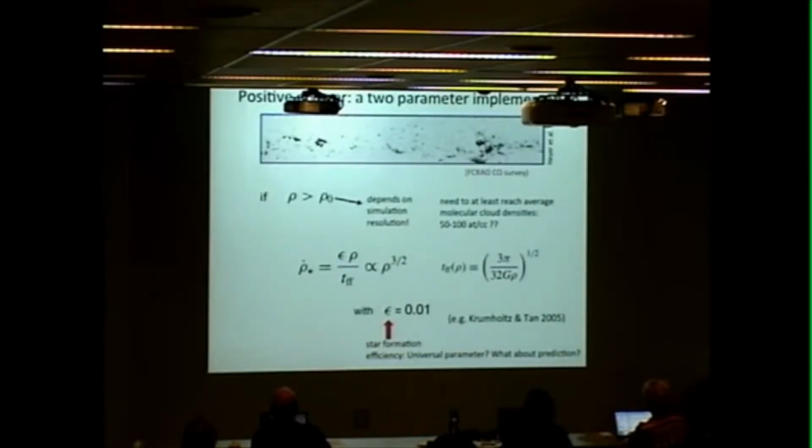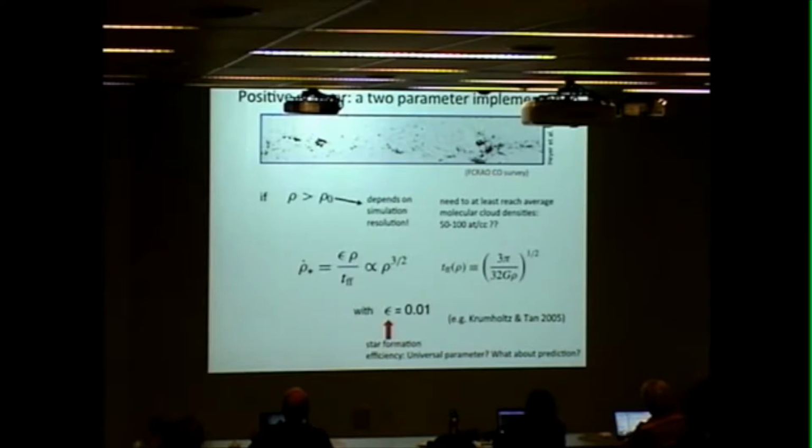Okay? And so if you answer the question positively, that this is how you should do star formation, then generally what people do is a two-parameter implementation of that. So basically, you only form stars when the density of gas goes above a certain threshold in the simulation.